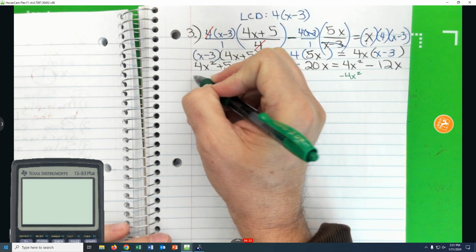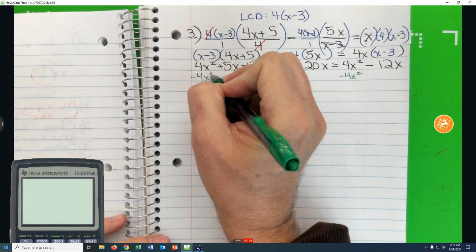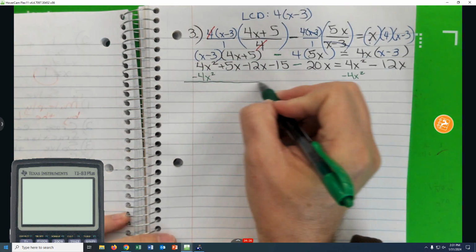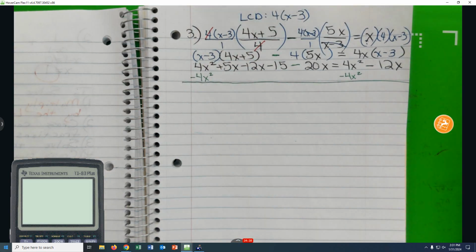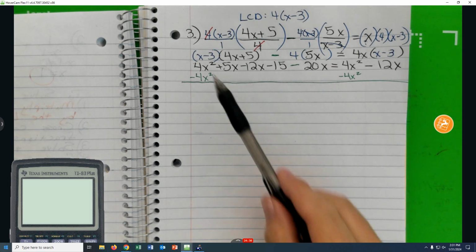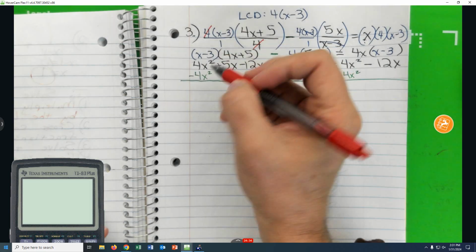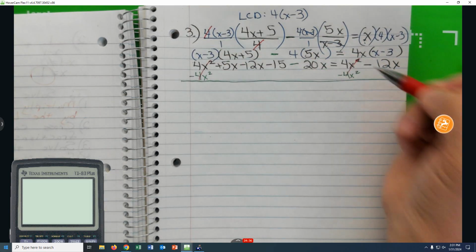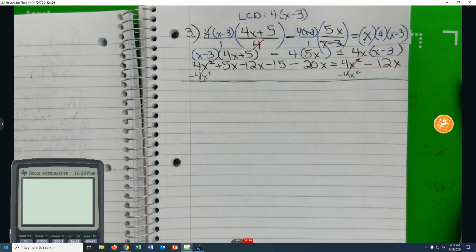Yeah, 4x squared minus 4x squared is gone. This thing is not quadratic. We're not going to have to try to ultimately factor or use the quadratic formula.